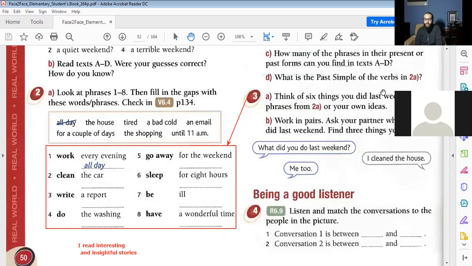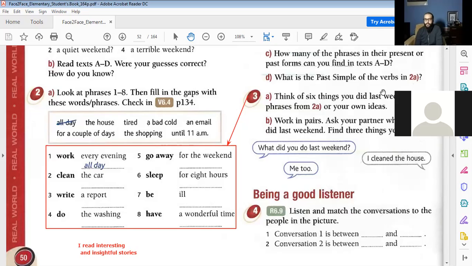Rana, you don't have to use the verbs here. You can also add other verbs. I read a novel. I read the novel. Mm-hmm.